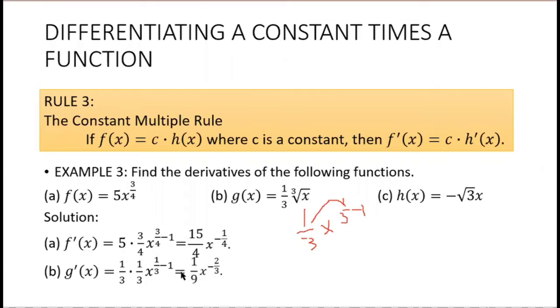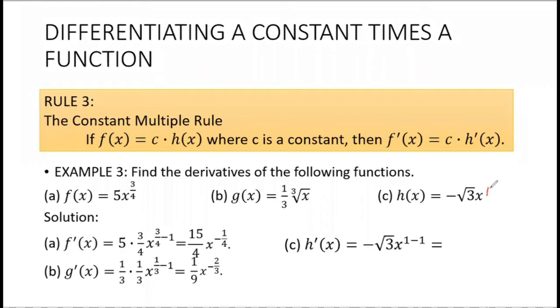Okay, so magiging sagot natin, 1/9 x raised to negative 2/3. And for letter C, h of x is equals to negative square root of 3x. Then, ang kanyang derivative ngayon ay magiging h prime of x is equals to negative square root of 3x, since ang exponent ng x ay 1.